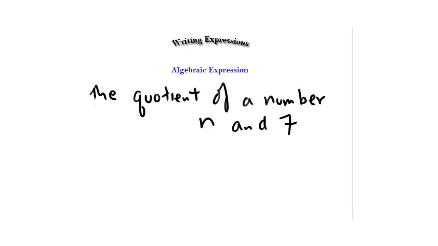So the key word here is quotient. So whenever you see that, you're thinking of division. So here we have n divided by 7, or you can write that as a fraction, n over 7.